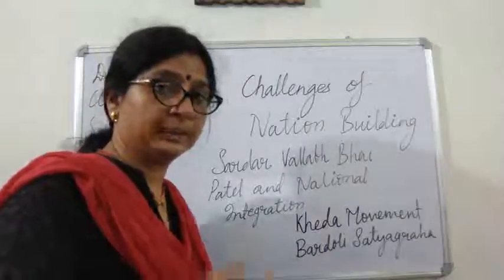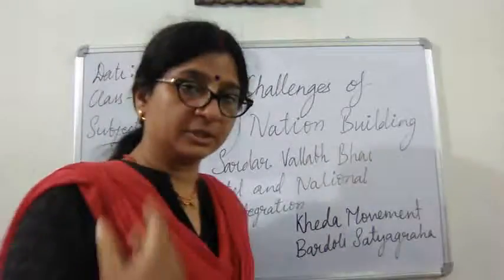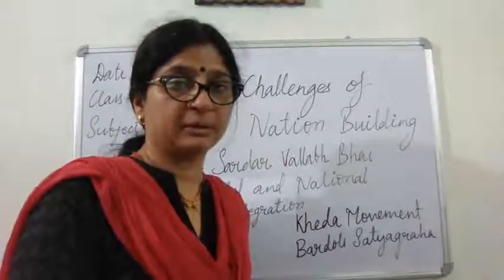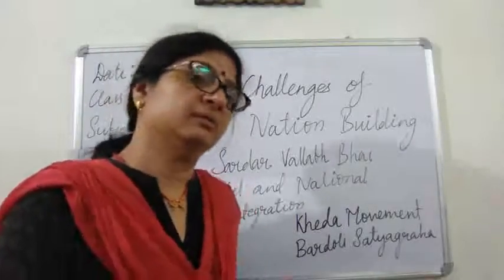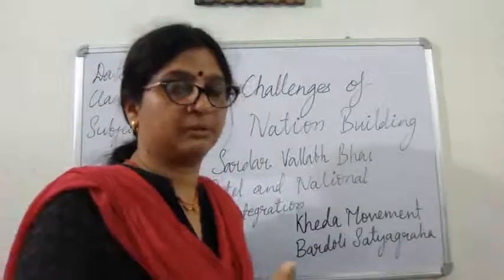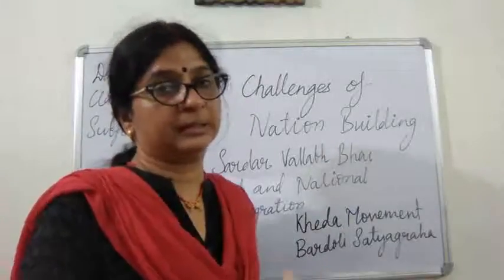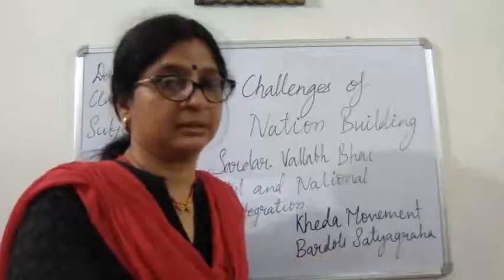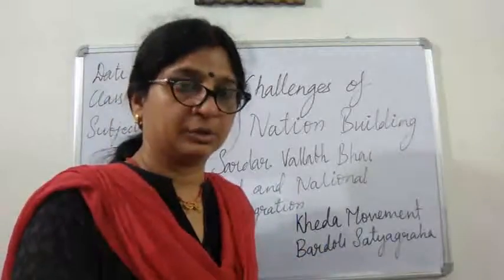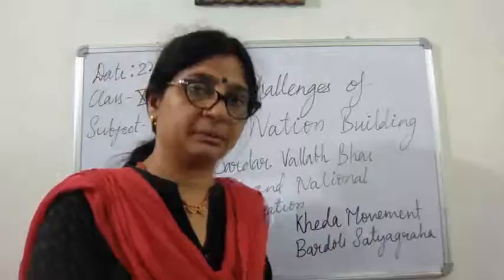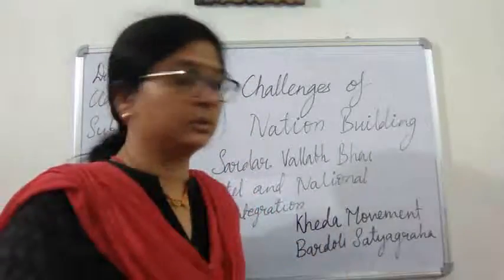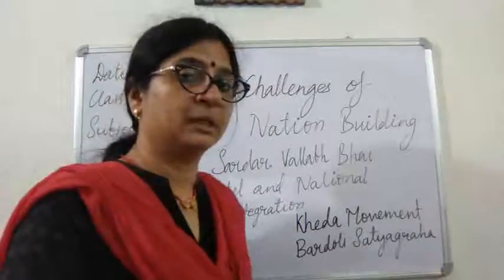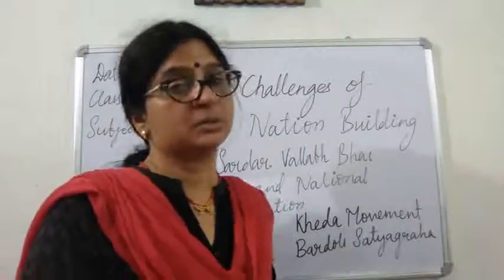We all know that when Mahatma Gandhi went back from South Africa to India in 1915, he visited the whole country, and he started the first satyagraha at Champaran for the indigo farmers. And then after Champaran, he came to Kheda.